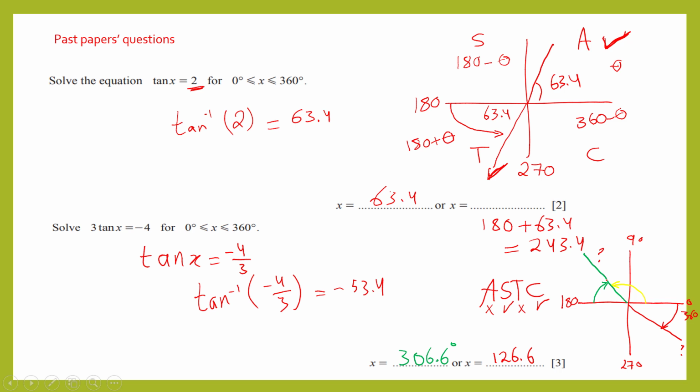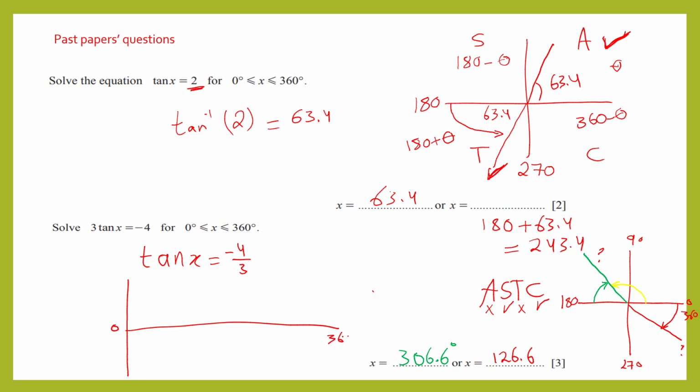So we can see another way on the graph. This will be a little bit lengthy. Now it's negative, so the graph of tan was this, from 0 to 360. And here's the 90, and here's the 270. Here's the 180. As we know, here are the asymptotes. So the graph was like this.